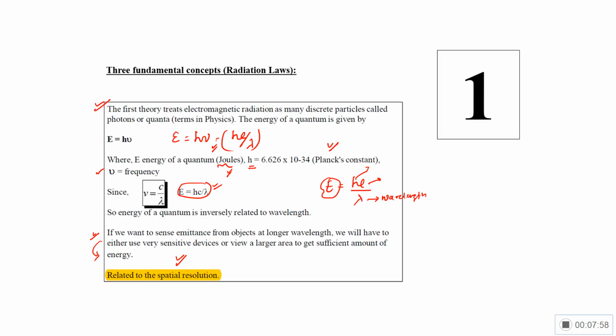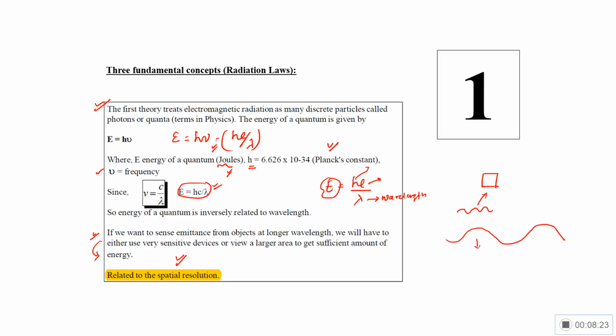If you want to identify a particular object, maybe of this size, then the wavelength you use should be smaller so that it can be detected. If the object is this one and the energy you are using to detect is this much, then maybe it will miss it.